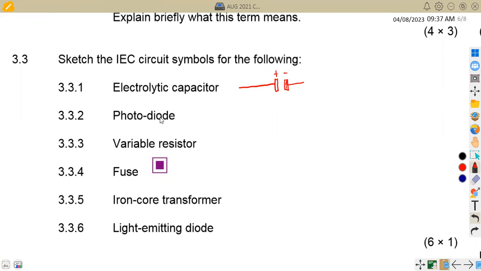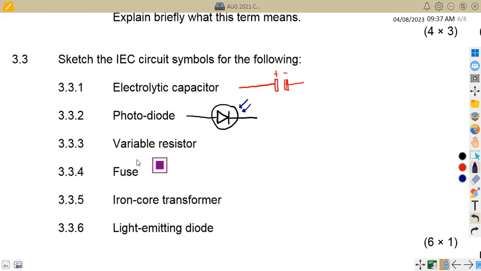A photodiode, just from a normal diode, but we are supposed to show the light, because it's supposed to be photo for light. So our normal diode is supposed to be like this. But now our photodiode is going to have the light rays into the diode like this.